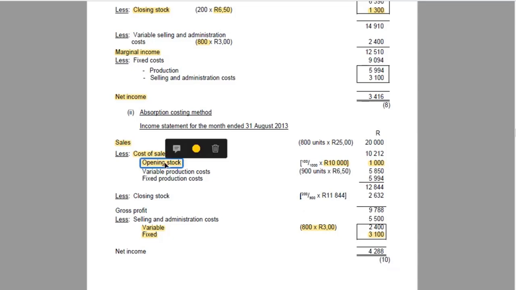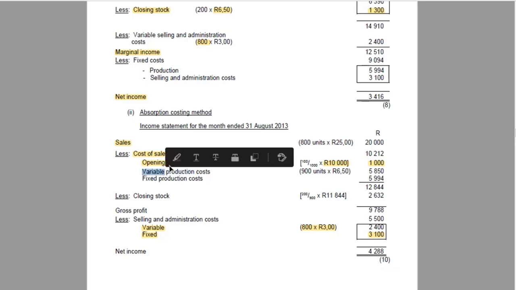Next one. So now we've covered the opening stock. We're still under absorption costing. I need to find my total production cost for this month. And my total production cost includes your variable and your fixed. So you start by saying variable production cost.